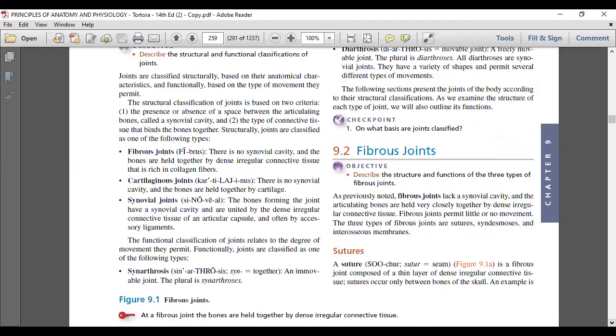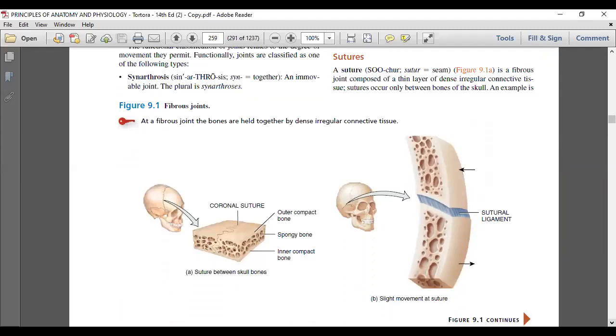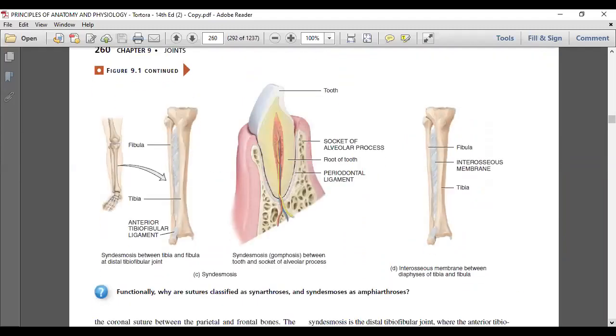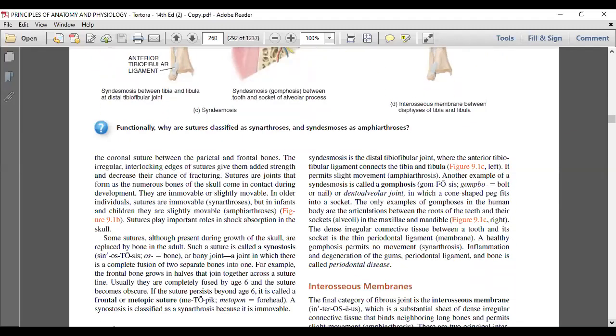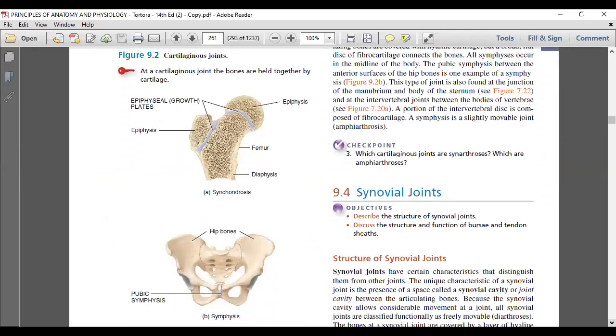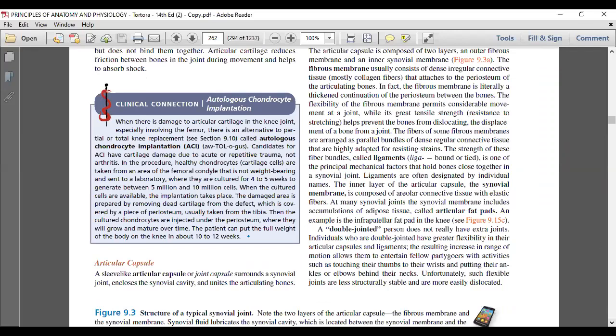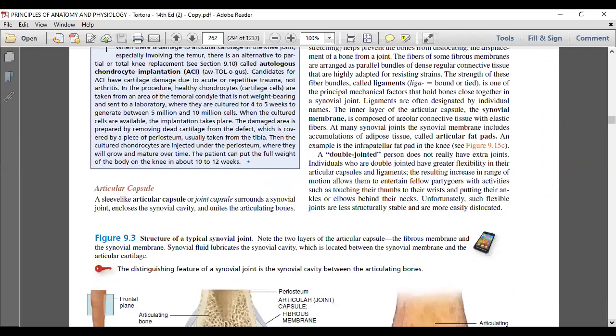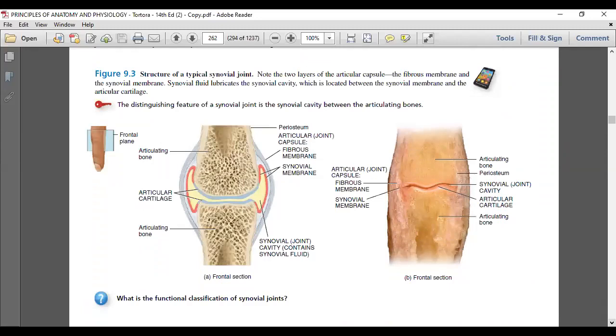So as we said, the fibrous joints, sutures, synchondroses, symphyses, and synovial joints. Here we are not here to read all these. Here is the diagram we drew of the synovial joint.